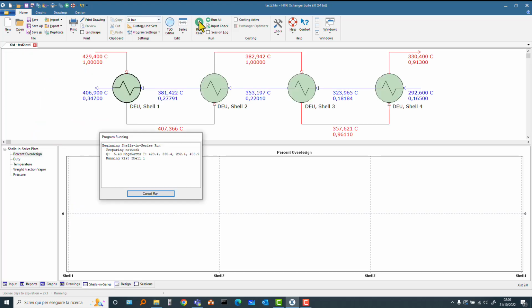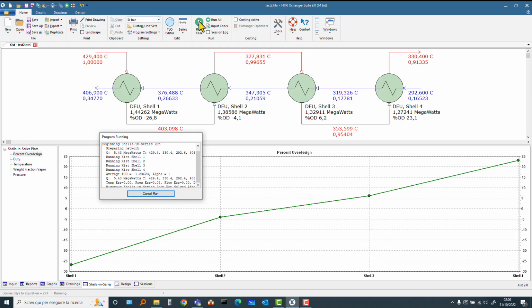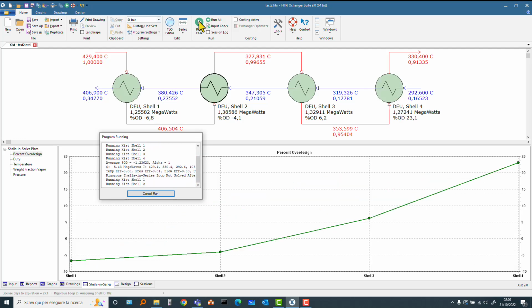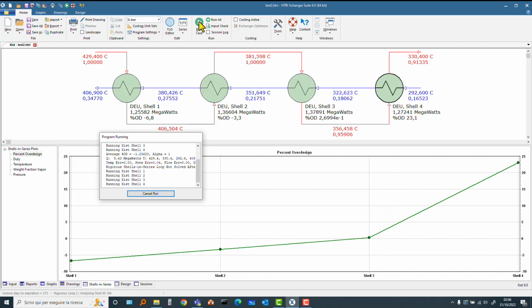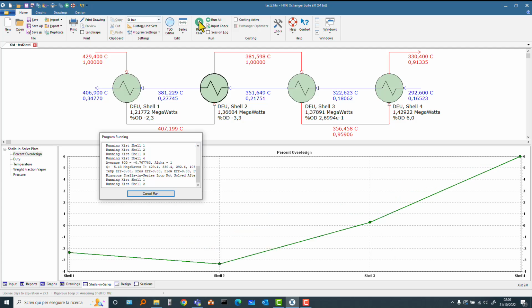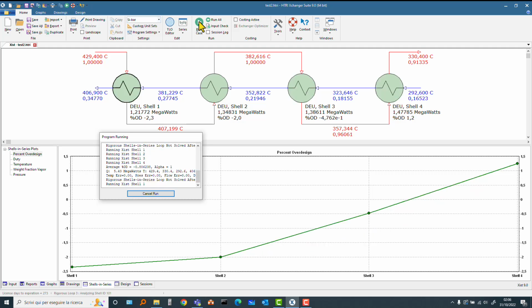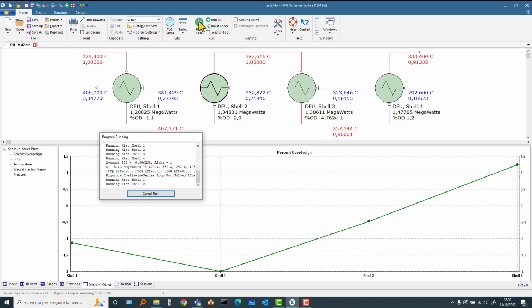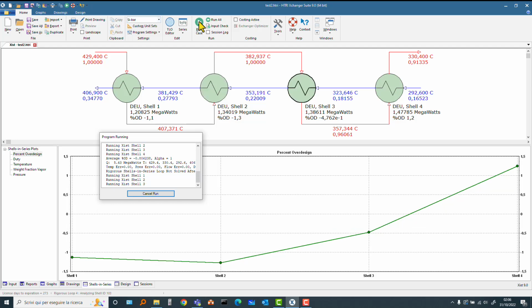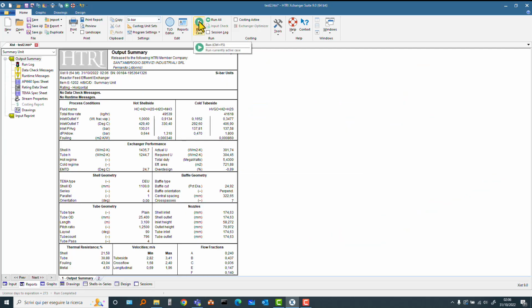Of course, running multiple shells in series takes time, because in order to find the right solution, the program must imagine the intermediate situation of temperatures between each couple of shells. So if the choice was not right, it has to be repeated many times until the suitable solution is found.